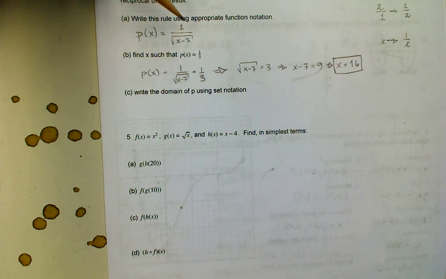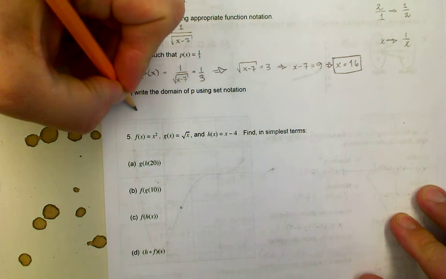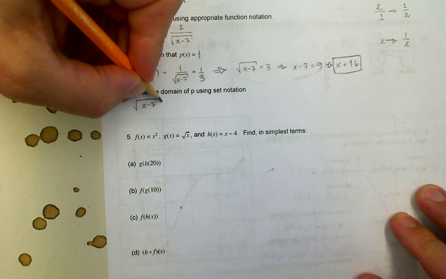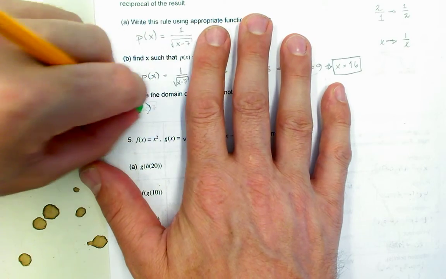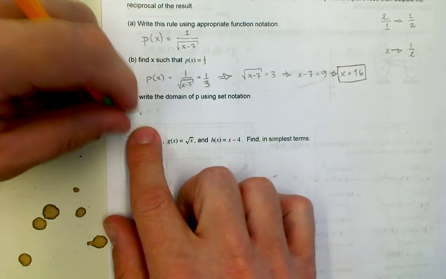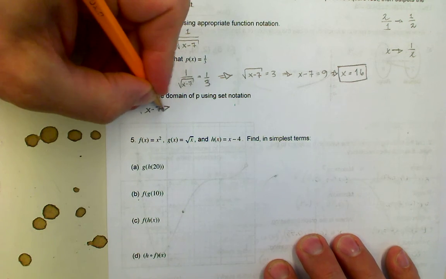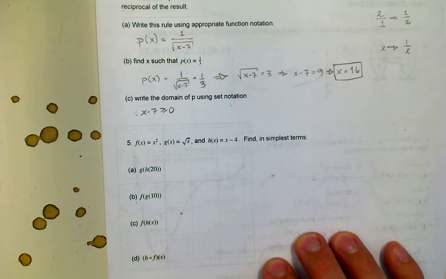The first thing I'm going to notice is that if I'm taking the square root of a real number, it has to be greater than or equal to 0. So I'm going to say the square root of x minus 7, I'm sorry, let me just get rid of the square root. Whatever I'm taking the square root of, which is x minus 7, has to be greater than or equal to 0.